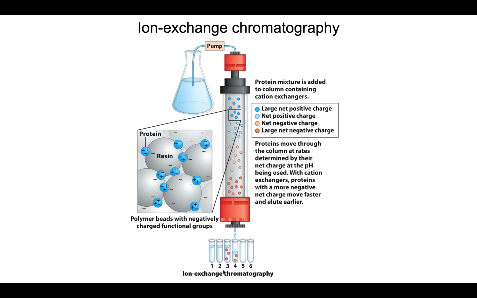If your protein has a net negative charge, it's going to come out at earlier time points. If it has a net positive charge, it's going to come out at later points. And again, you've now basically purified your protein a little bit more away from other proteins. And that's the job of these chromatography columns.